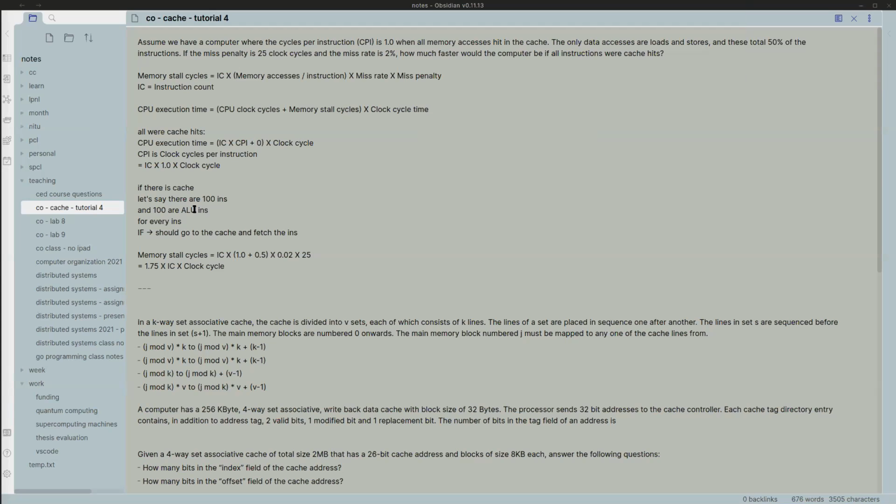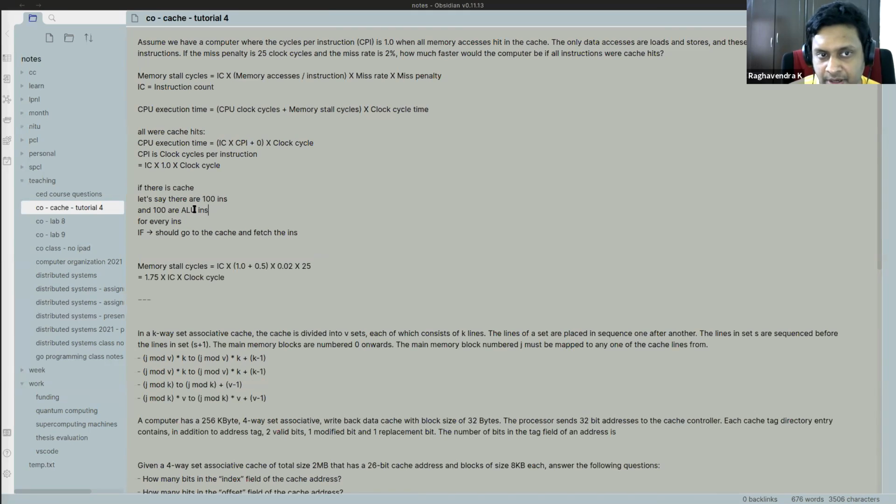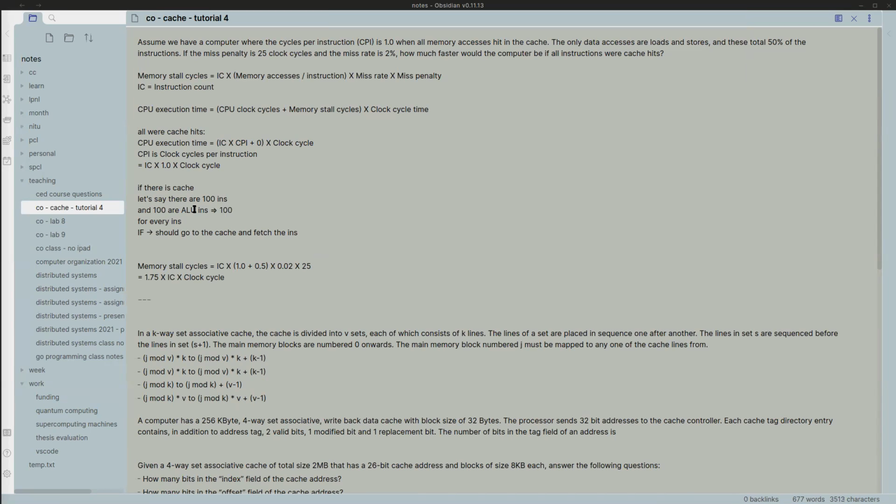Yes. Okay. So now I have to do instruction fetch. I should go to the cache and fetch the instruction. So if there are 100 ALU instructions, how many memory accesses do I generate? 100, right? I generate 100 memory accesses.